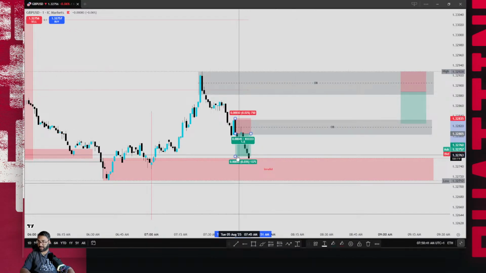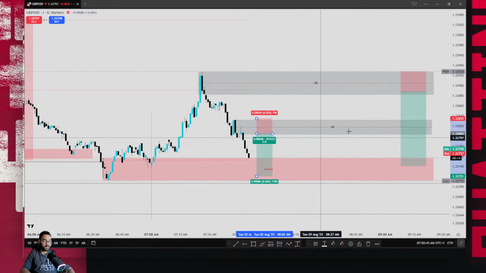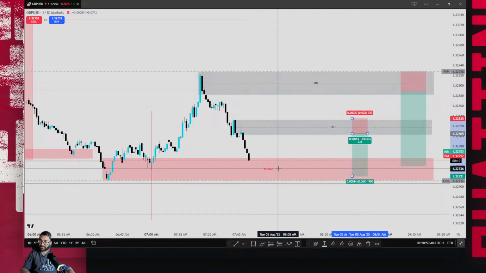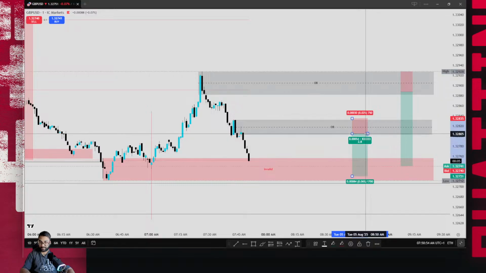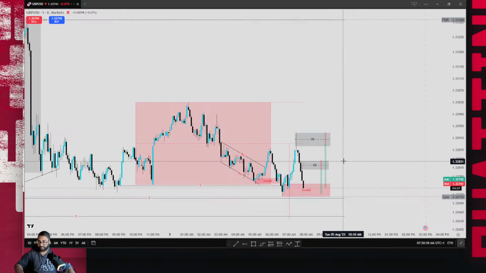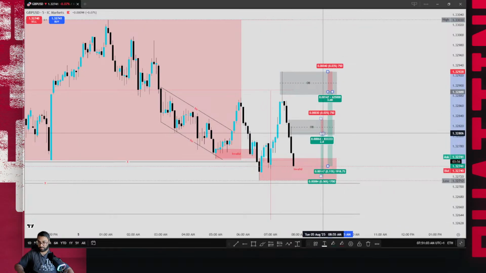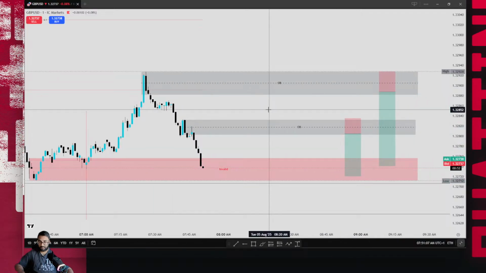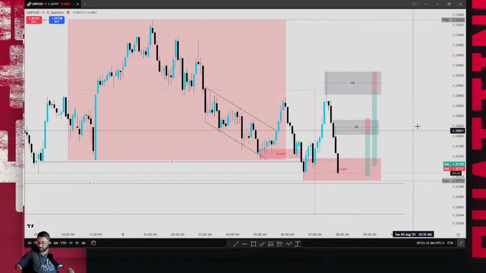That works out to 3 also. But now that's just trapped into this zone here, so I need this zone to come back in, respect this zone to sell off, otherwise I can't take it. Oh, it's going in. It's going in deep.